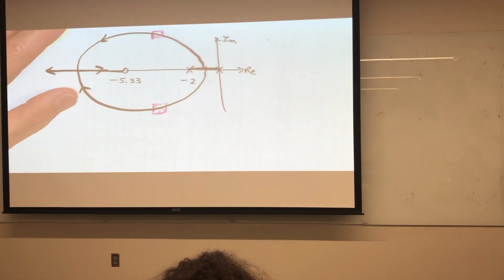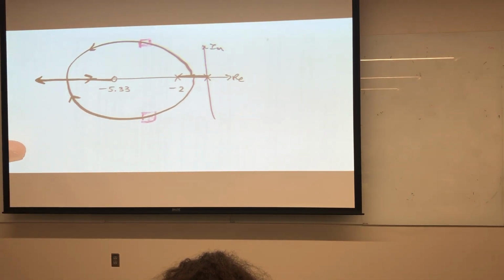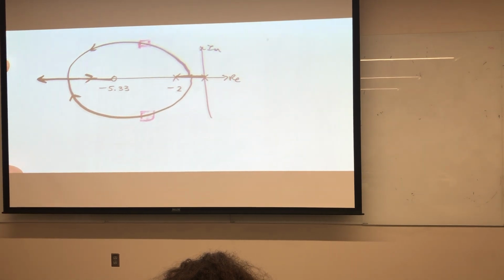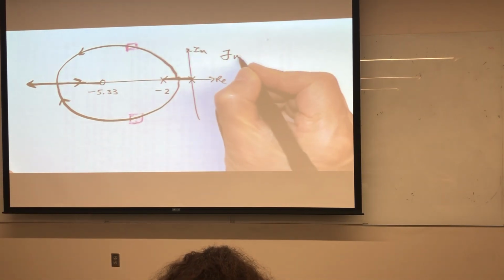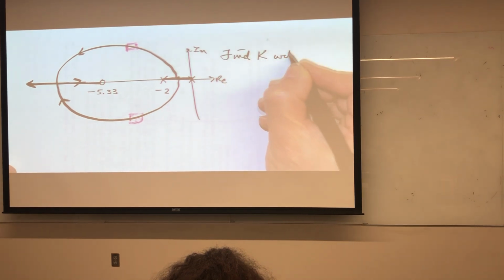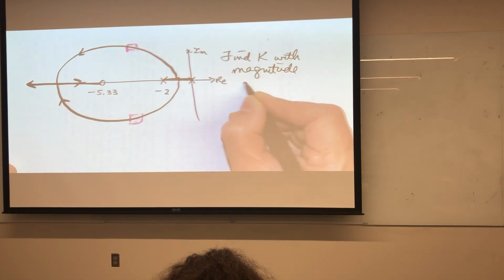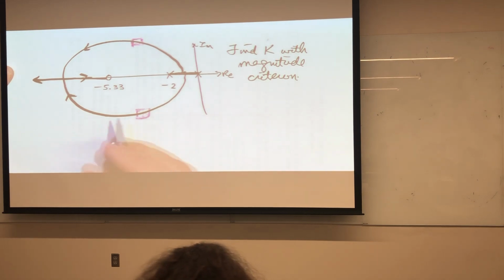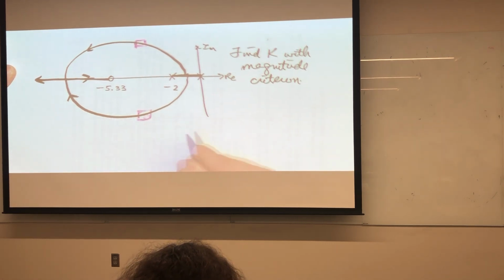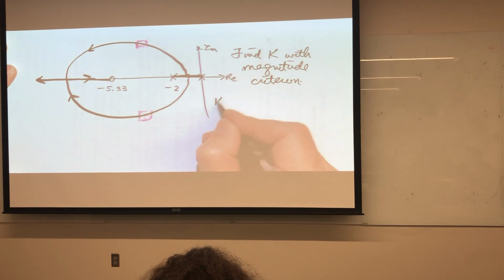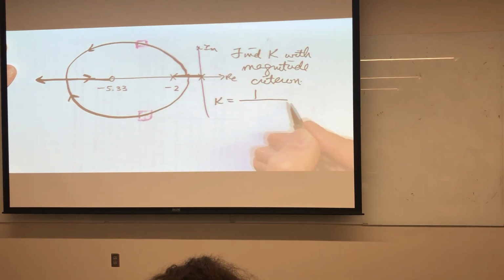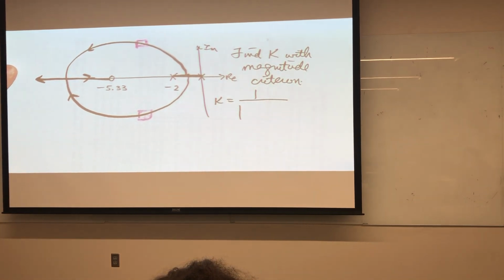Now we need to find K. That's the next thing we have to do, and we do that with the magnitude criterion. The magnitude criterion says that K is equal to 1 over the magnitude of everything that's known, that's CG of s evaluated at s star.